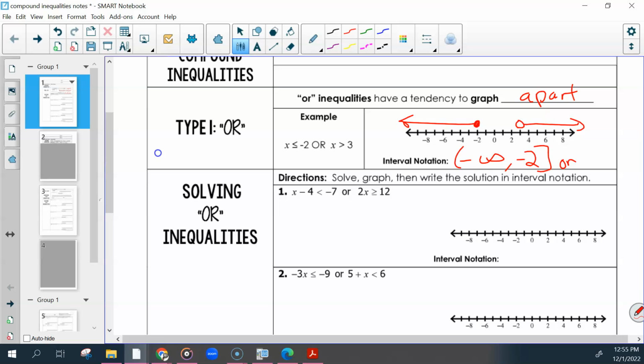It starts again at 3, but that would be parentheses. And then it keeps going towards positive infinity. So it'll be a little bit more than what we did last time. Before we actually use that in an example, do we have any questions?